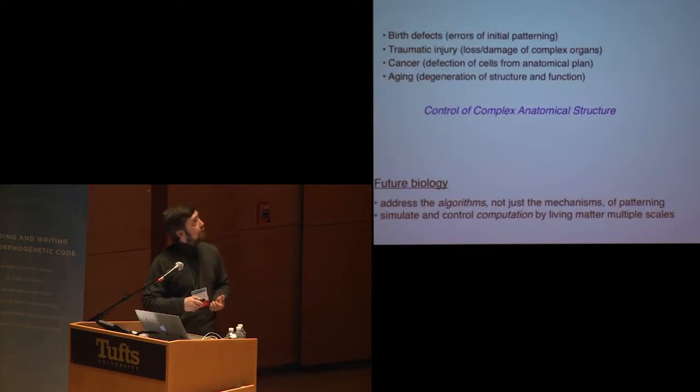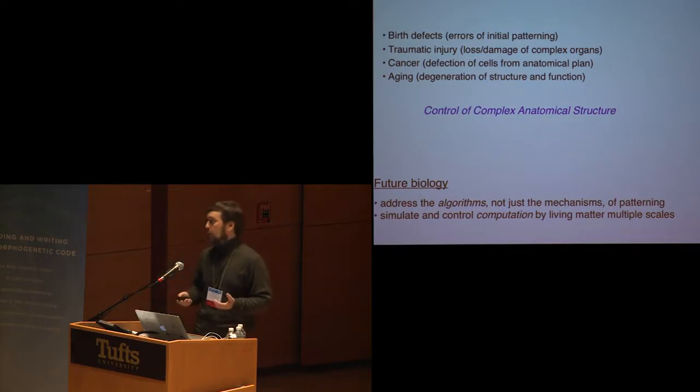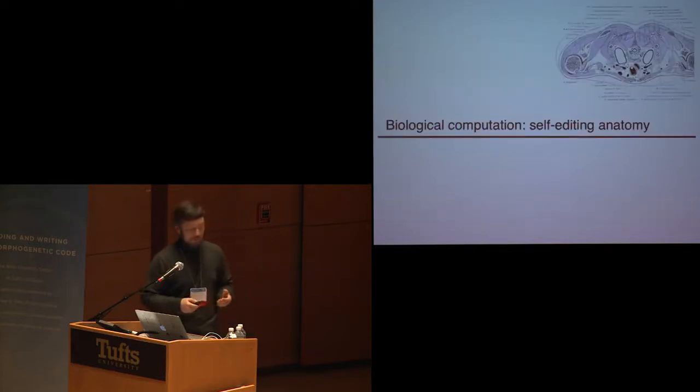One thing they have in common is control of anatomical structure: errors of initial patterning, loss or damage in adulthood, defection of cells from the anatomical plan, aging, and so on. So the idea might be that if we could address not only the mechanisms but the algorithms of patterning, such that we had control of anatomical growth and remodeling, we could really make an impact on many areas of biomedicine.